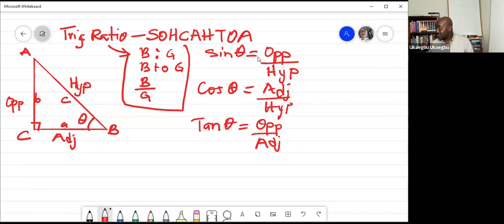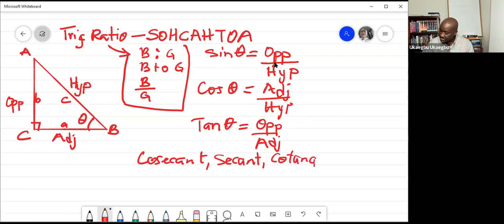The other trig ratios, apart from these ones, are called cosecant, secant, and cotangent.